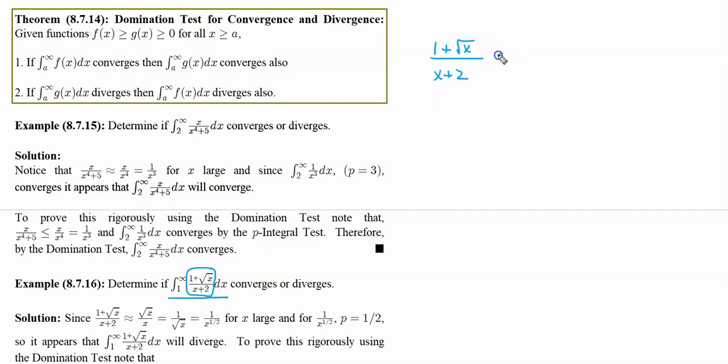Notice that for x very large, this is going to be approximately the same as the square root of x over x. The 1 and the 2, for x really large, you can basically throw those away. So this would approximately be equal to root x over x, which of course is 1 over root x, and that's for x large.